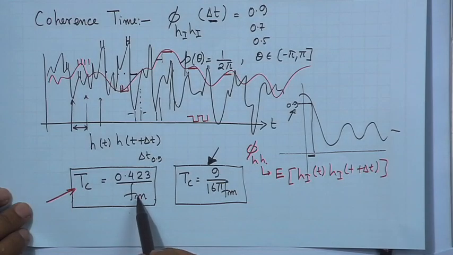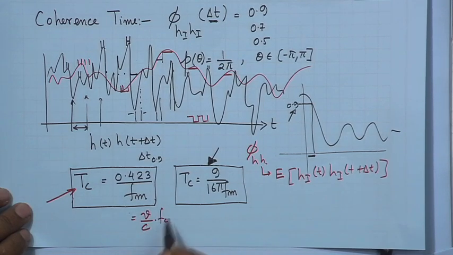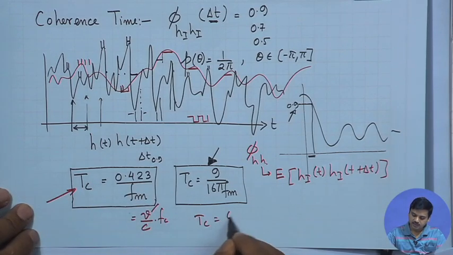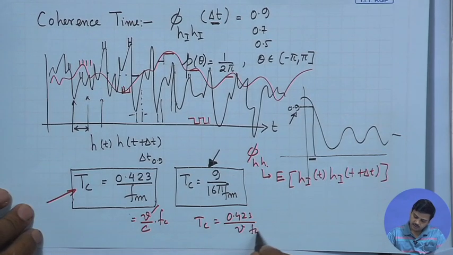The coherence time, as you have seen in this particular expression, is affected by Fm, which is the Doppler frequency. This Fm is a function of velocity, as well as a function of carrier frequency Fc. So, basically Fm is equal to V by C times Fc. That means, as I increase V, Fm increases, as Fm increases, Tc decreases, because clearly Tc is equal to 0.423 by Fm, that is, 0.423 C by V times Fc.